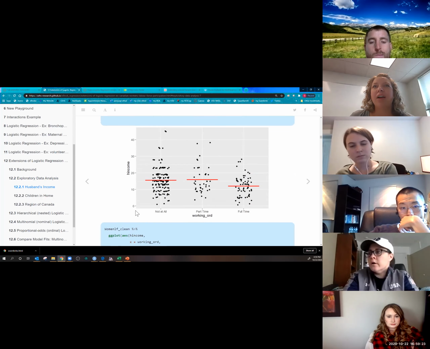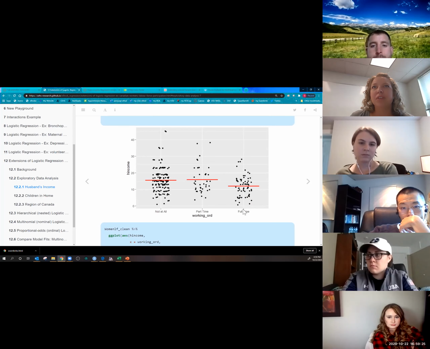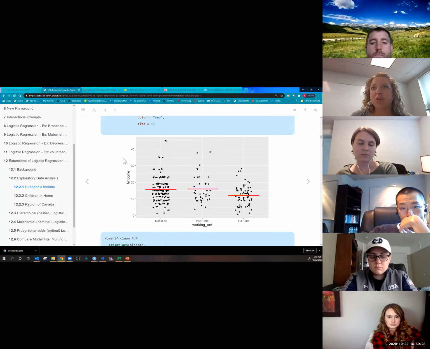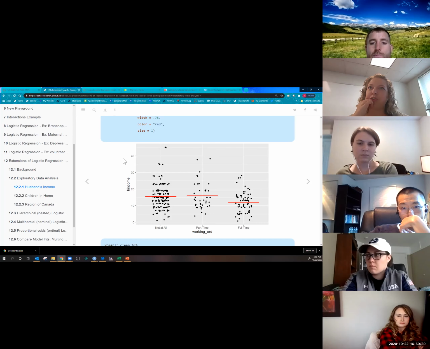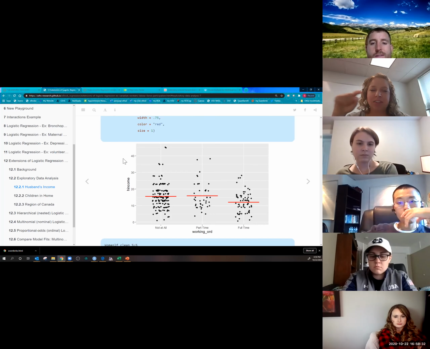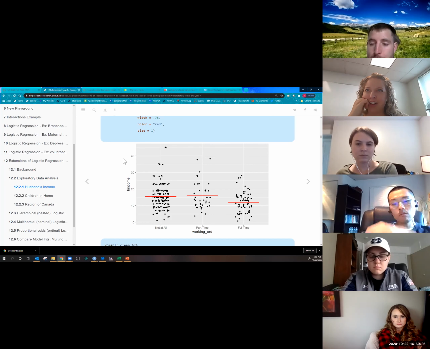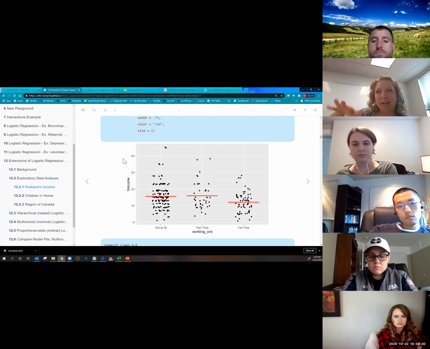Okay, here's another plot. I've got the 3 groups. And here's husband's income, so it's the same information I was plotting before. The red lines are the averages. Are the average incomes in those 3 groups different? A little bit. Full-time does look like the husband's making a little bit less.